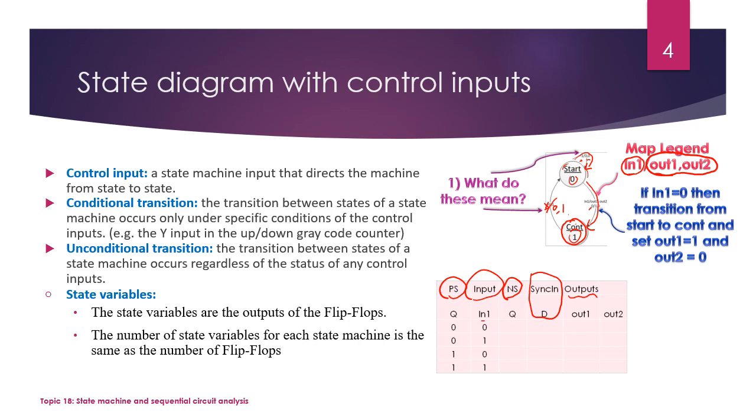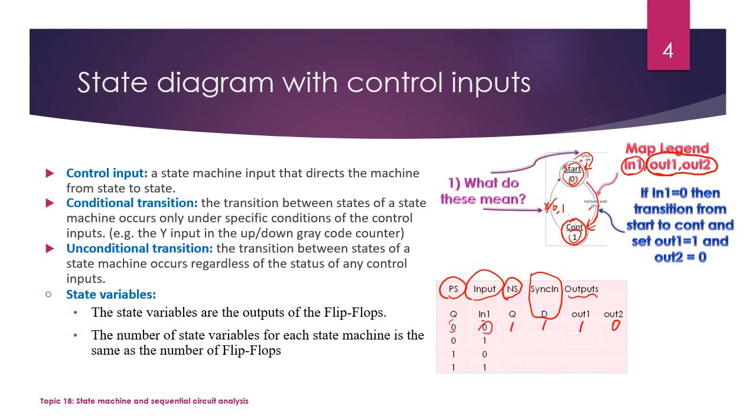Okay, and then let's try to figure out this table. If the current state is 0, which means the start state, and the input is 0, from this state diagram we know that it will make a transition, right? So the next state would be state 1 or the continue state, and the output will be 1 and 0, and of course D will also equal 1 because D equals the next state.